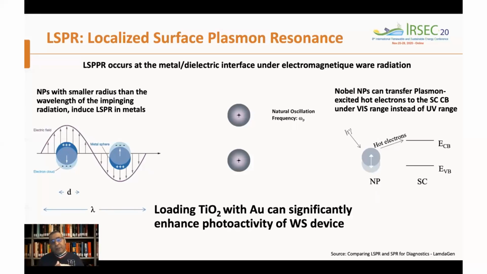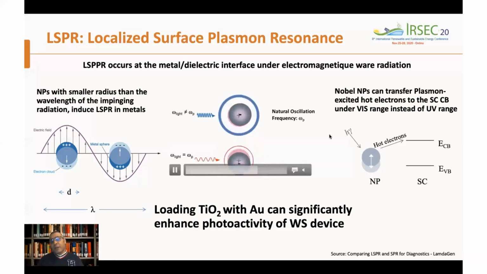But now, if the size of the metal is below the wavelength of the impinging light, the metal particles will oscillate, and depending on the frequency of the oscillation, if it matches, we will have either random oscillation or localized surface plasmon resonance, because we have the same frequency from the particle and from the light.